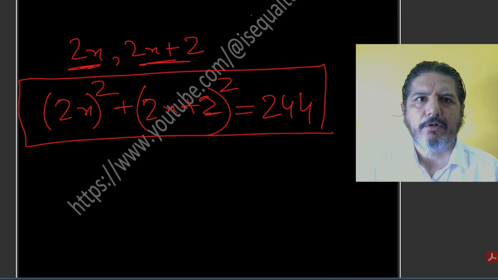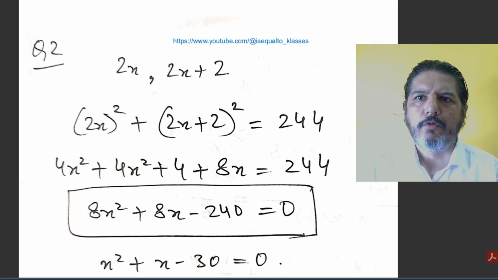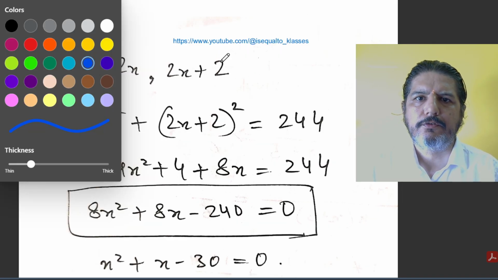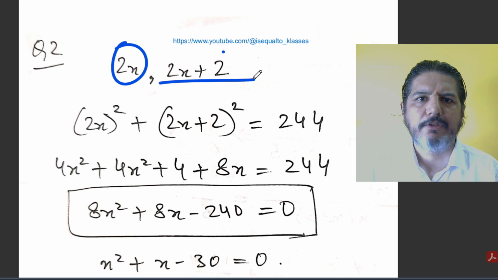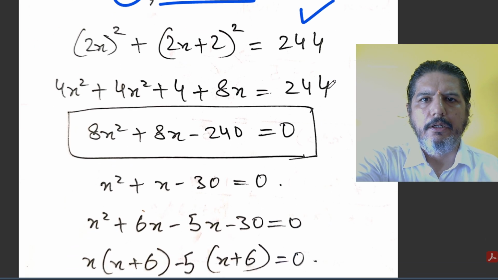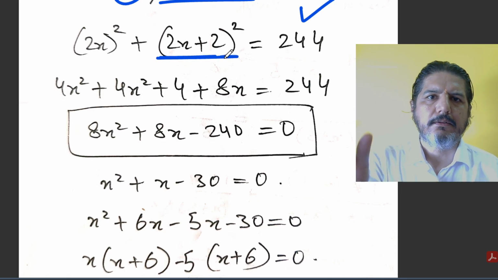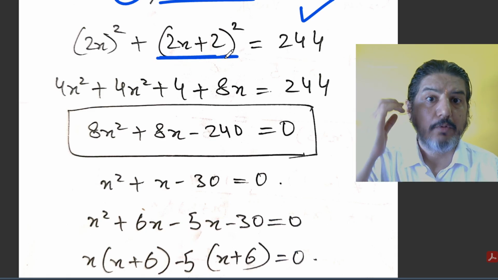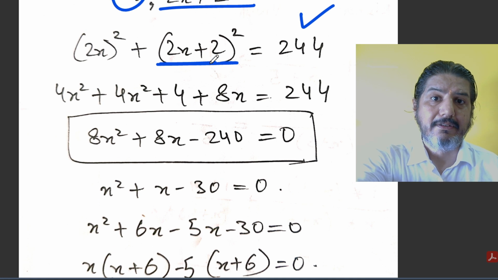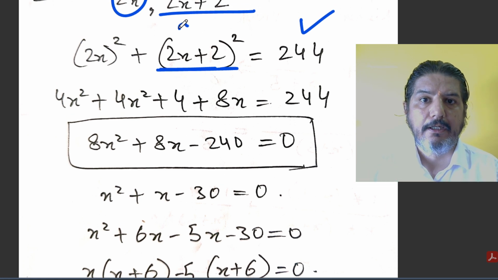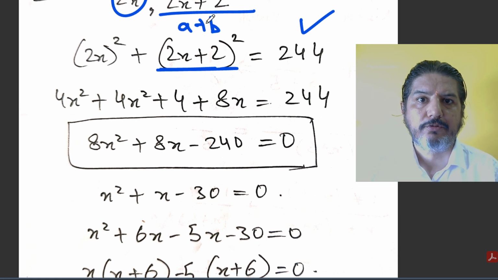And now let's look at the solution. So as I've discussed, the numbers are 2x and 2x plus 2. So I've taken the square of the numbers. You should understand how to expand (2x plus 2) square. If you are not comfortable with the expansion of a plus b whole square, I will be using the a plus b whole square case.